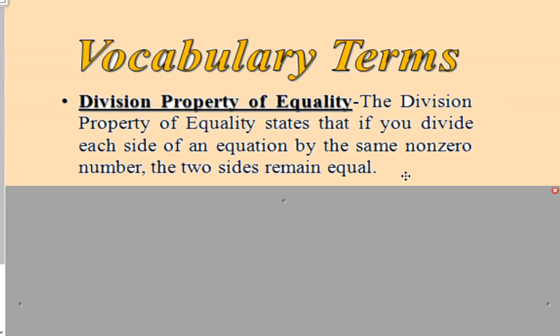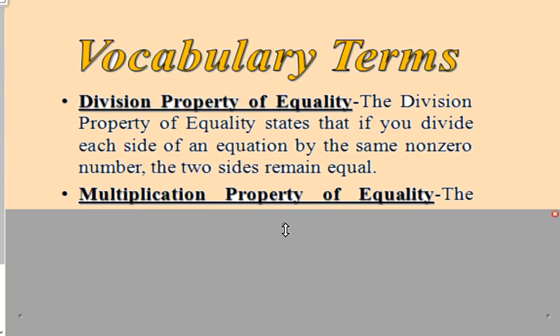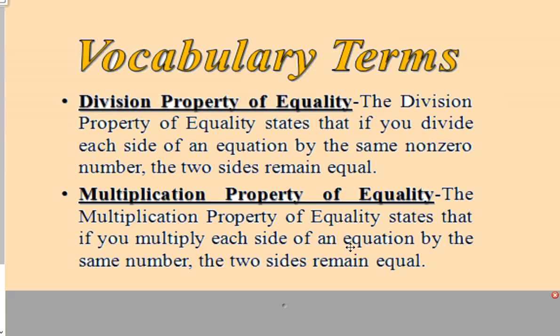Basically, if I am dividing by 5 on one side of the equation, I have to do it to the other side. The next is the multiplication property of equality. This states that if you multiply each side of an equation by the same number, the two sides remain equal. Basically, if you multiply by 4 on one side, you have to do it to the other side.